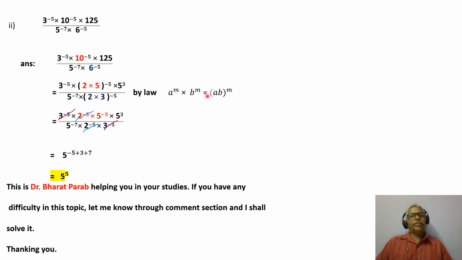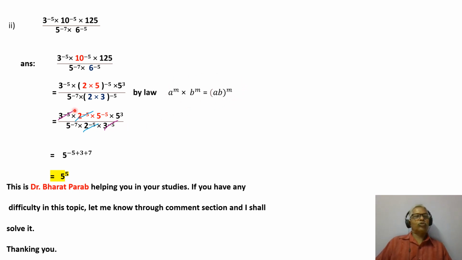Now try to separate this by using this law. 3 raised to minus 5 into 2 raised to minus 5 into 5 raised to minus 5, and 5 cube, that is 5 raised to 3, divided by 5 raised to minus 7 as it is, then 2 raised to minus 5 and 3 raised to minus 5. You know which law has been used.